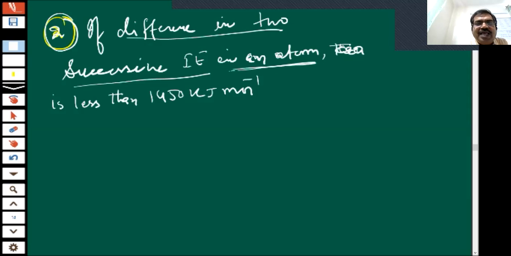This is a particular value, 1450 kilojoule per mole.